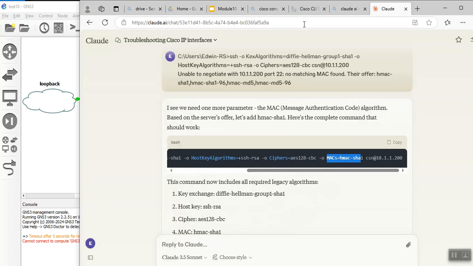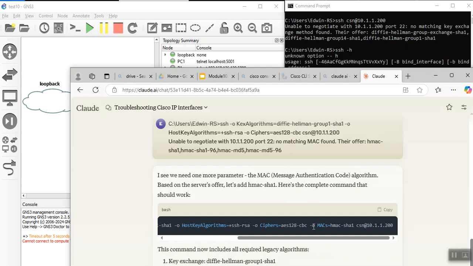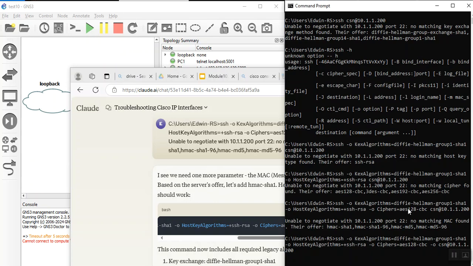Okay, so let's go back to my terminal. What was it? MACs. I think I copied it, so I just Control V. Nope, didn't copy it. So MACs, here it is. This is what we have to use. Okay.